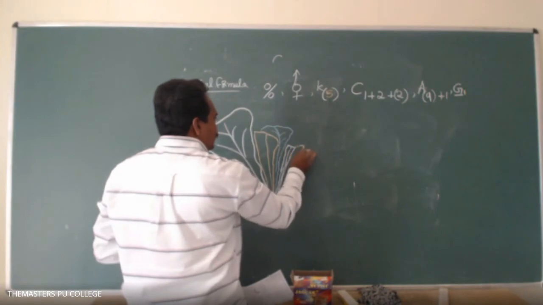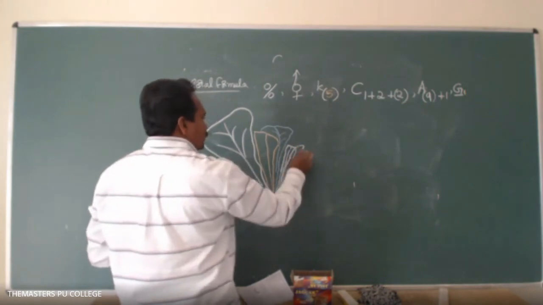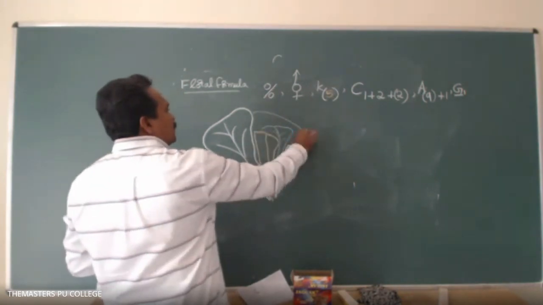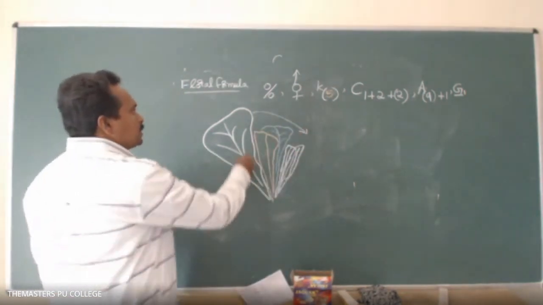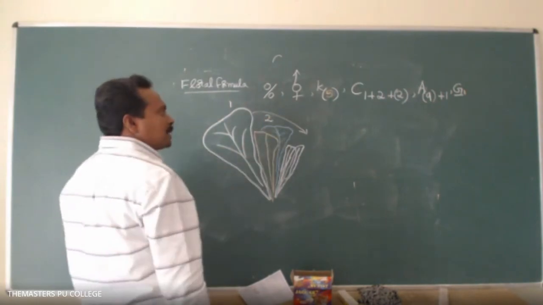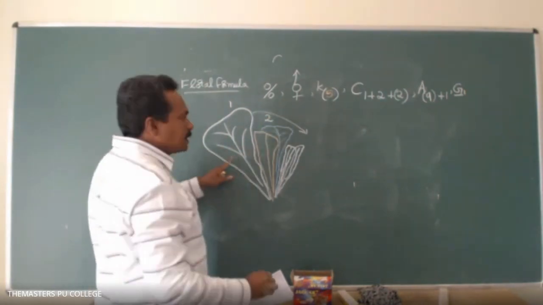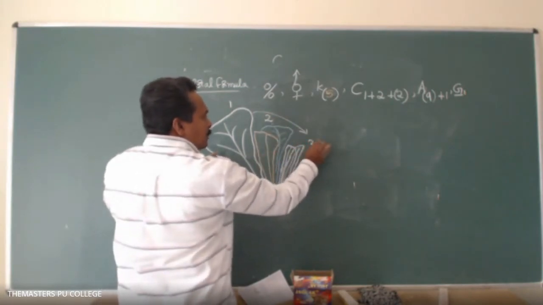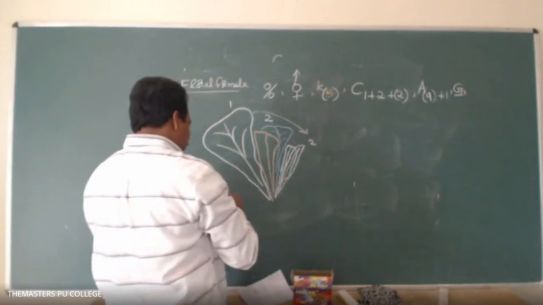The keel petals are fused and small in size. So that's why you have to consider this is the largest petal, 1, and 2 the wing petals on the lateral side are free, whereas the 2 keel petals are fused with each other.